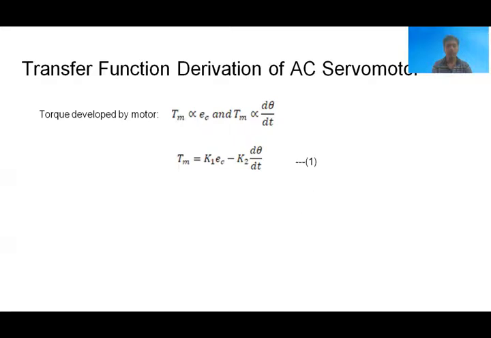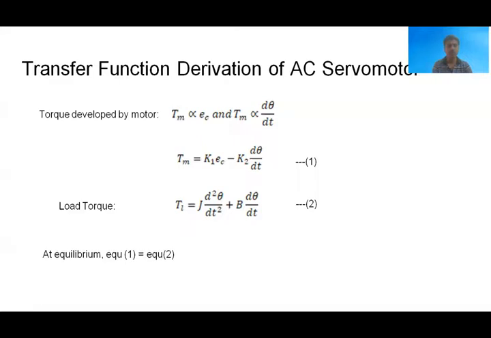Say this is equation number 1. And then the torque applied on the load, that is the load torque, is equal to J into d square theta by dt square plus B into d theta by dt. Say this is equation number 2. Therefore, at equilibrium, these two torques must be equal.